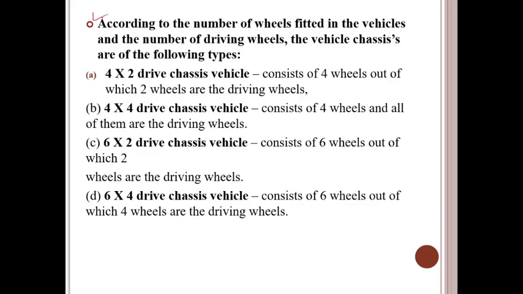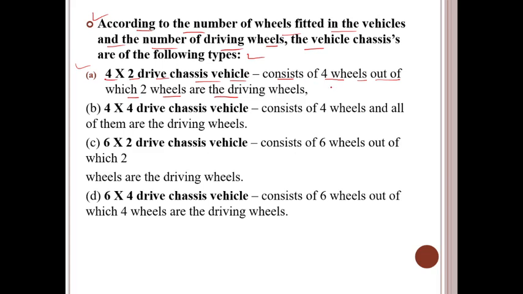Second classification, if you observe here, is according to the number of wheels fitted in the vehicle and the number of driving wheels. So the vehicle chassis are of the following types. If you observe here, 4 by 2 drive chassis vehicle consists of 4 wheels out of which 2 wheels are driving wheels.